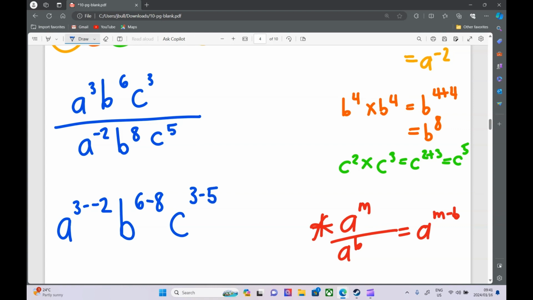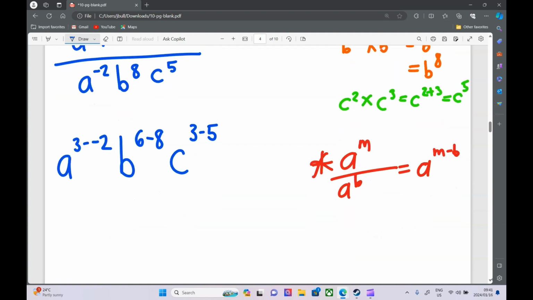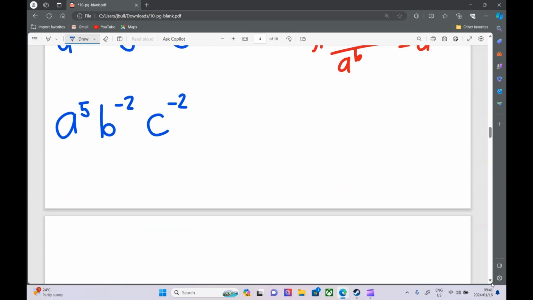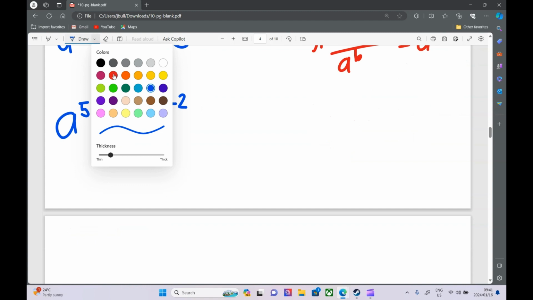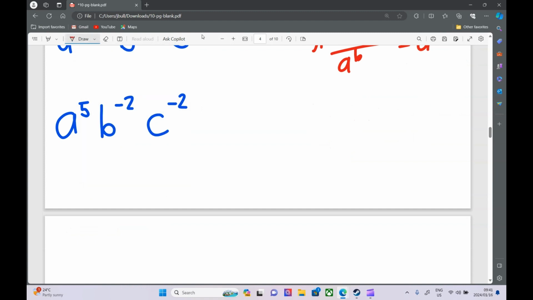Okay, let's simplify this then. So a is going to be 3 minus minus 2, that becomes 3 plus 2, so that's going to be 5. B, 6 minus 8 is minus 2, and c, 3 minus 5 is minus 2. And then remember, we have to leave our answer with positive exponents, so we are going to use that law that when we take something down, so like for this case, if I want b^-2, I can rewrite that as 1 over b to the 2, and I can do the same for the c.